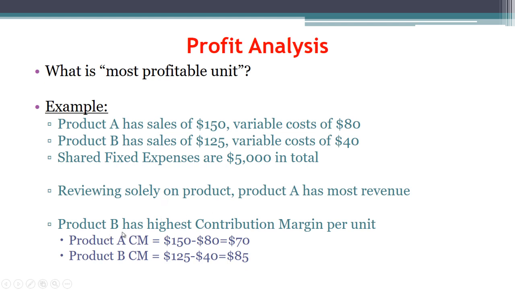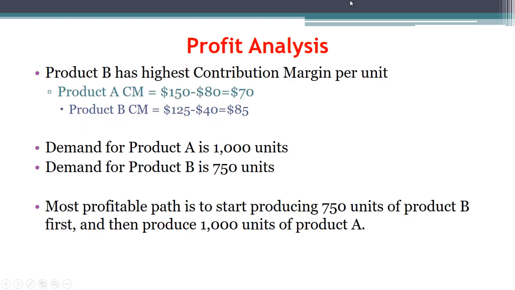So product B, in this case, again, I said product A has the highest sales. Product B, however, is going to have the highest contribution margin, which is sales minus variable costs. So in this case, product B, for our purposes, is the most profitable. So product B has an $85 contribution margin.